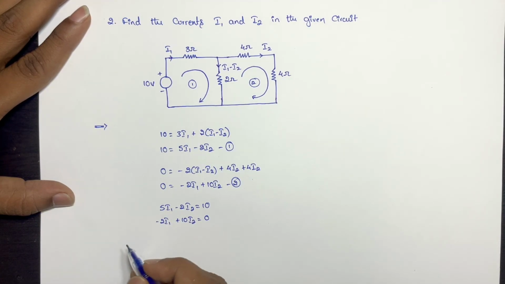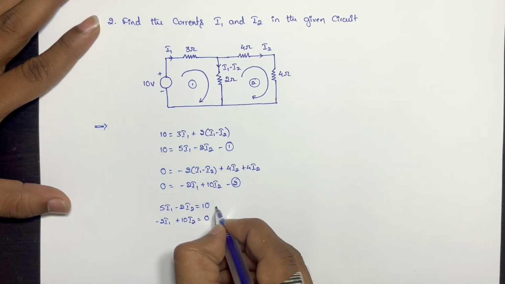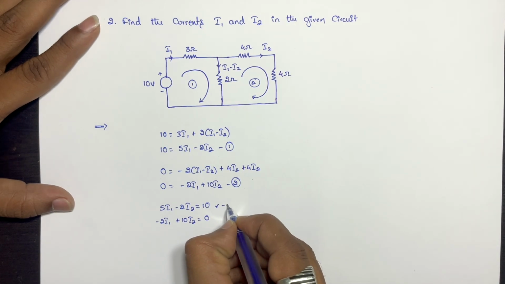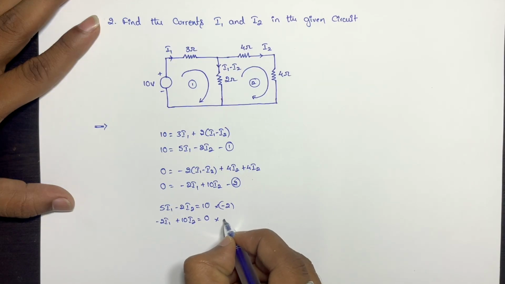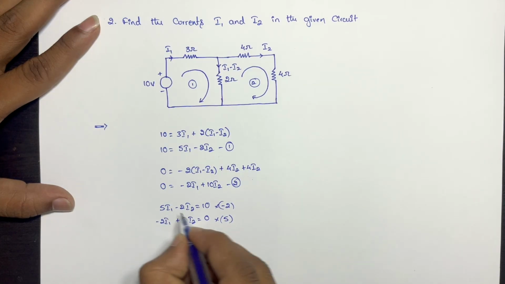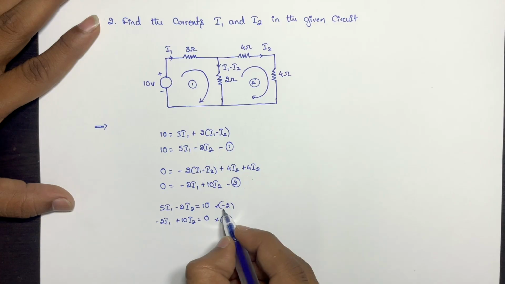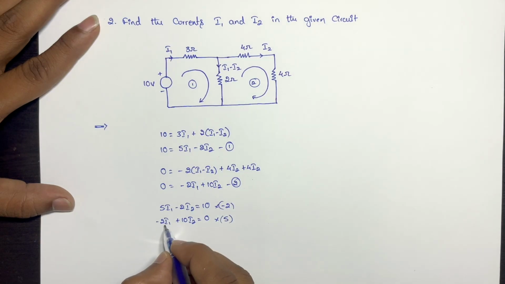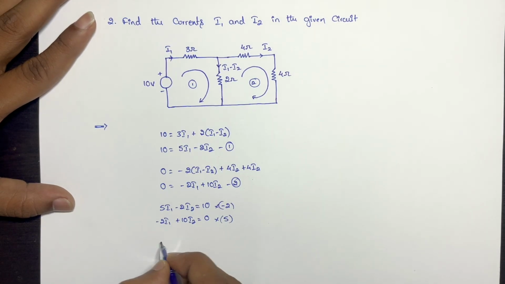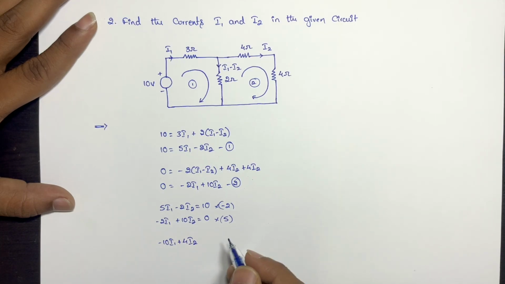If you solve these two simultaneously in the conventional method by multiplying equation 1 by minus 2 and equation 2 by 5, that's the coefficient of I1 in the first equation and the coefficient of I1 in the second equation. Now if you multiply it, we will be getting minus 10I1, minus into minus plus 4I2, is equal to 10 times minus 2, that's minus 20 for us.